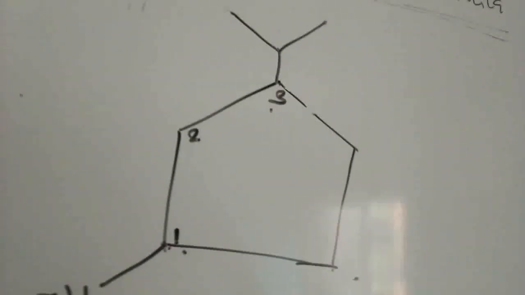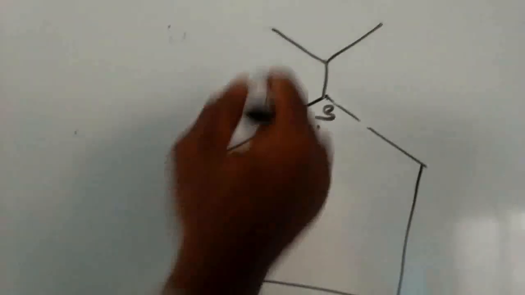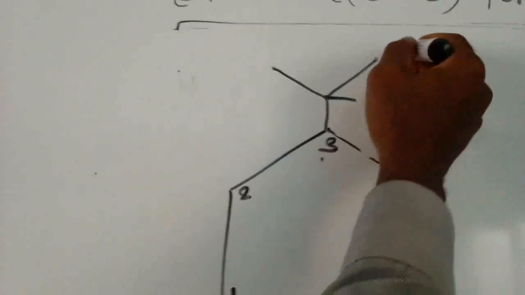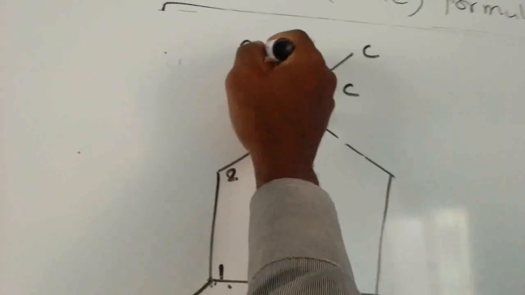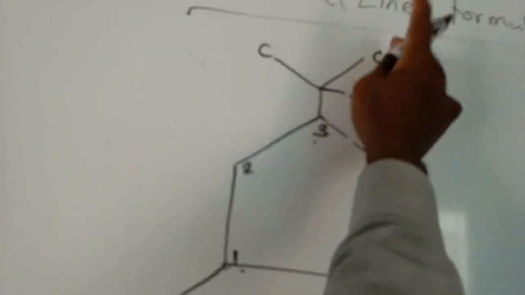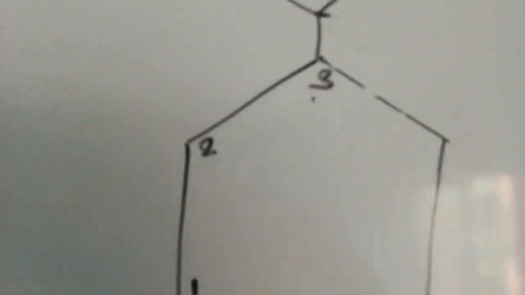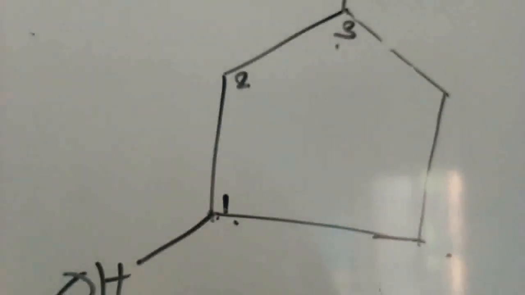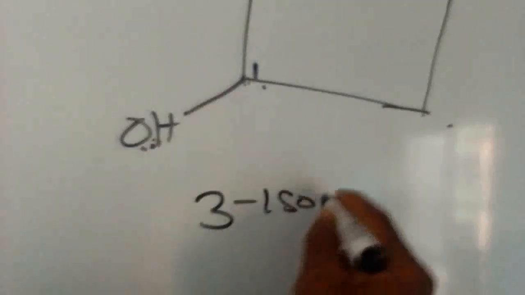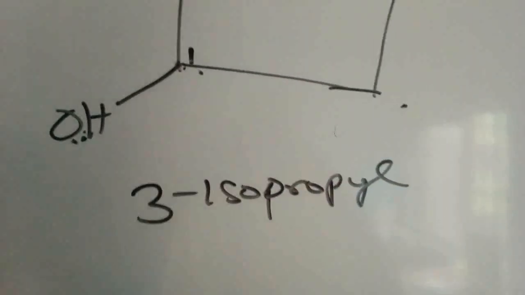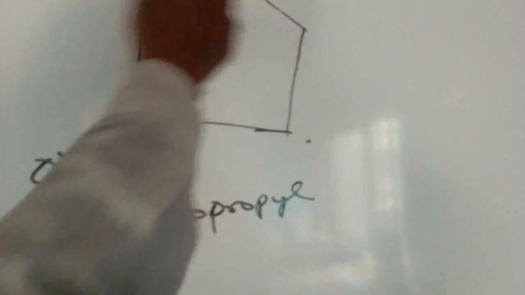So this group here, this branch, there's a carbon here, there's 1 carbon here. In actual sense, 1 carbon, another carbon. That would be propyl, but the branching shows it is an isopropyl. So on number 3, this is called isopropyl. Then this is in cyclic form.